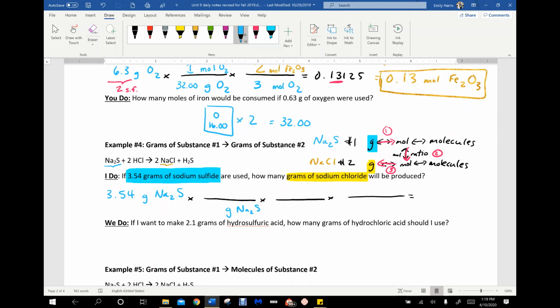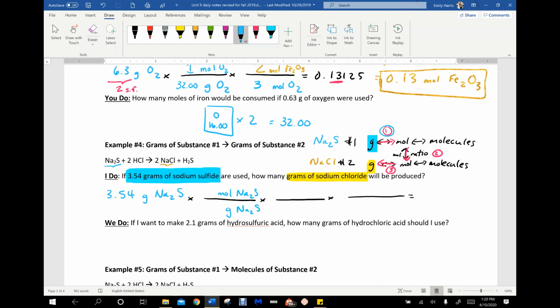Then in step 1, I'm keeping that same compound. I'm just transitioning to moles. And the reason I have to go to moles first is because I eventually have to use the mole ratio. And if you've noticed, on each of these problems, the mole ratio has been used every single time. So that's why if we don't start out in moles, we have to get to moles first. That way we're ready to use the mole ratio.